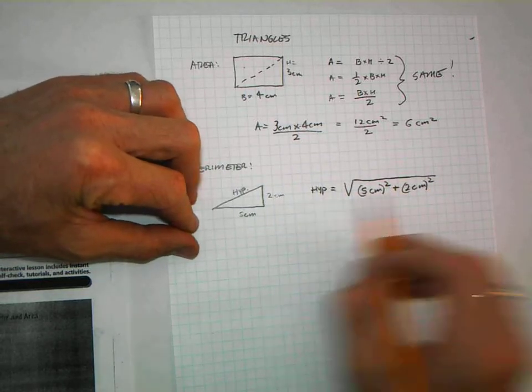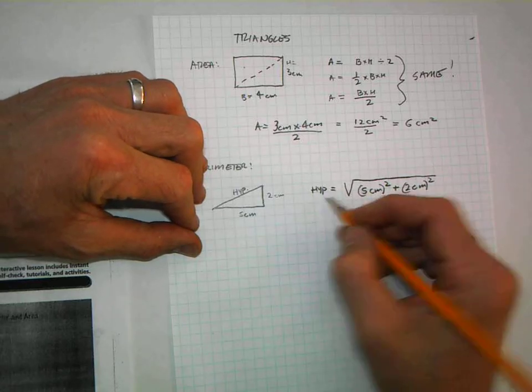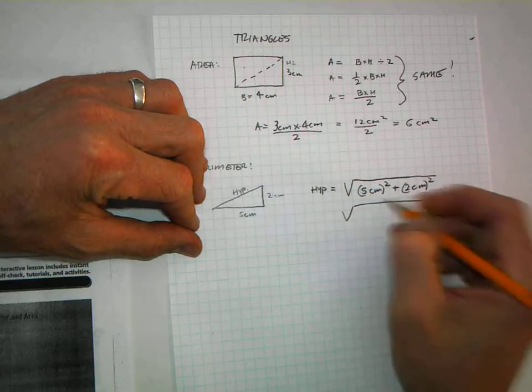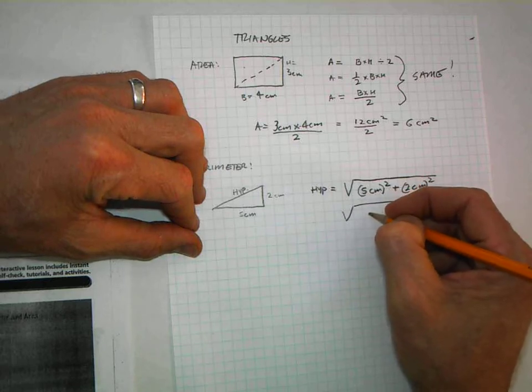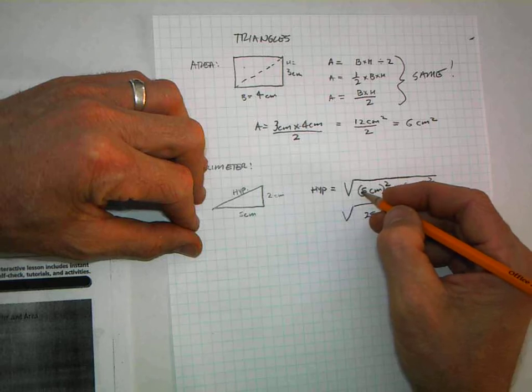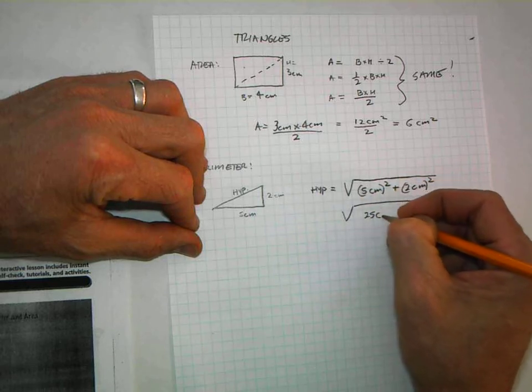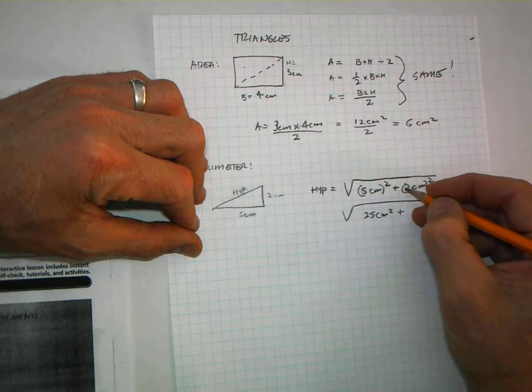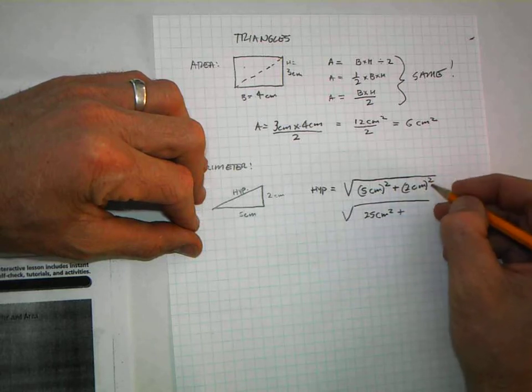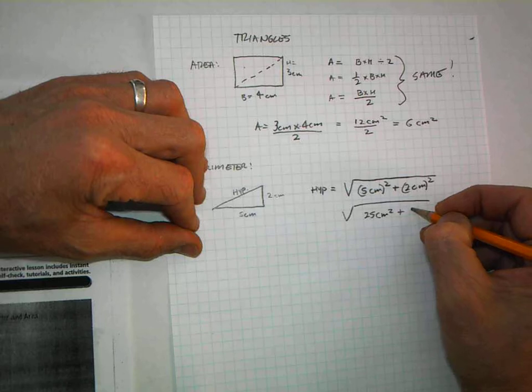So what does this look like? Well, let's just go ahead and do the math. 5 centimeters squared is 25. 5 times 5 is 25. Centimeter times centimeter is centimeter squared. 2, we're going to take 2 to the second power, 2 squared, which is 4.